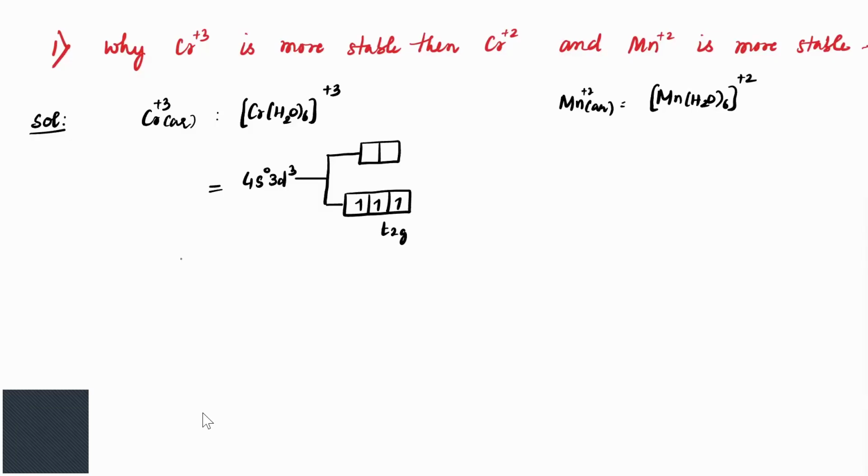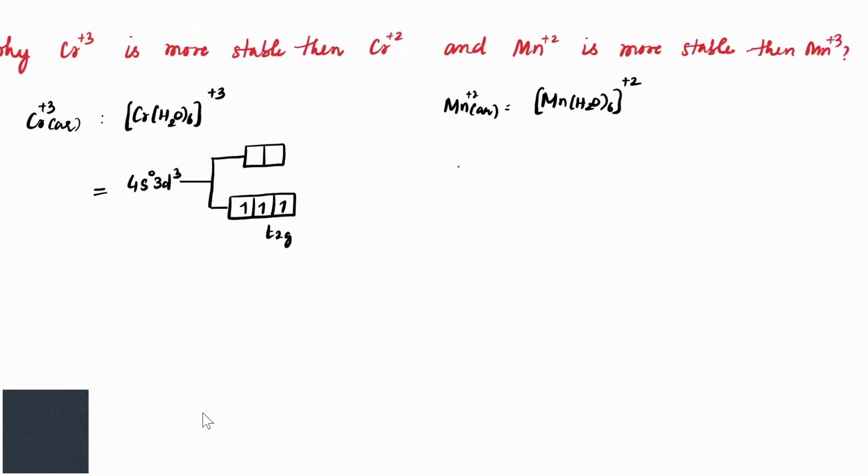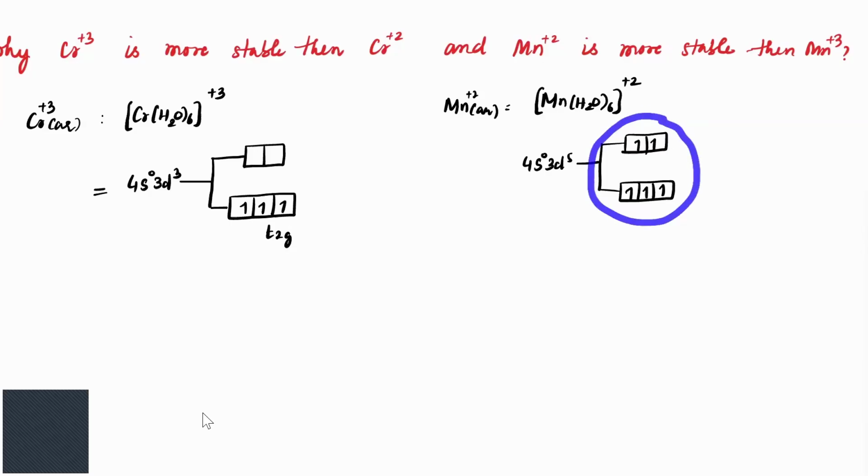Okay. So in the case of manganese here, when you will have 4s0 and 3d5 here, correct? You would notice 1, 2, 3, 4, 5. Okay. So there is one nature that we will get. When all the orbitals are filled with one electron, we say it is half-filled stability, correct?